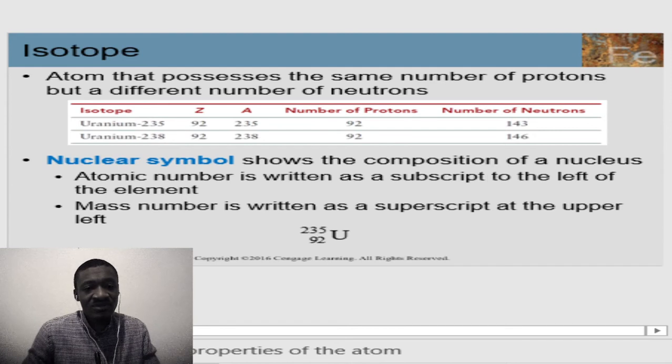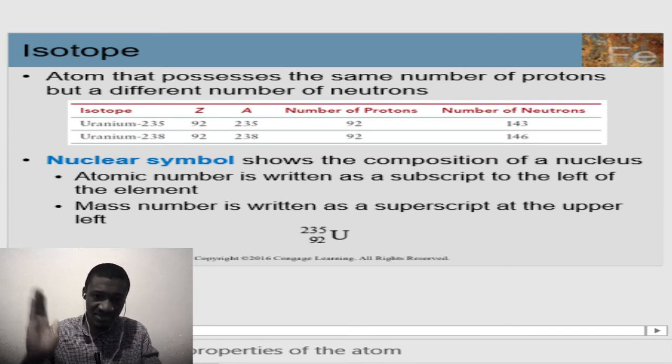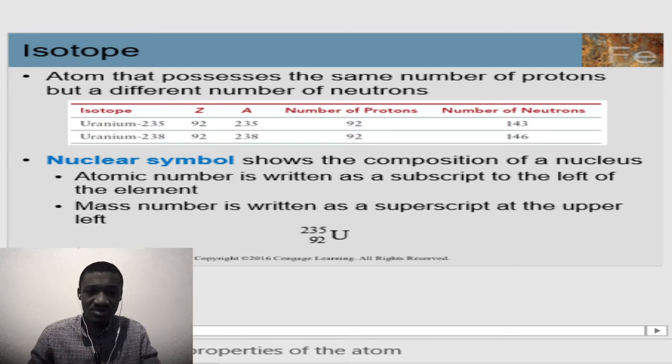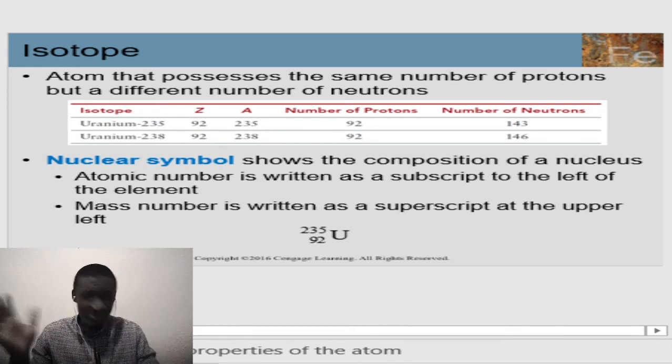So atoms that possess the same number of protons, which gives them the same atomic number, and then a different number of neutrons are called isotopes. I noticed that with twins, two of them can look alike, but they will never be the exact same weight. One will eat more than the other, and they will be different in character.